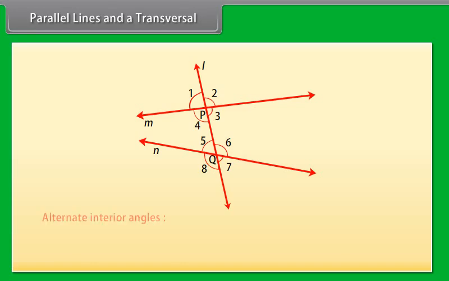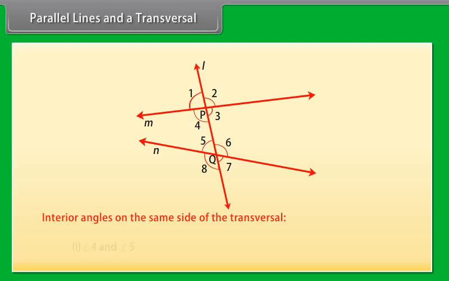Second is alternate interior angles. Those are angle 4 and angle 6, angle 3 and angle 5. Then comes alternate exterior angles, and they are angle 1 and angle 7, angle 2 and angle 8. Next is interior angles on the same side of the transversal.